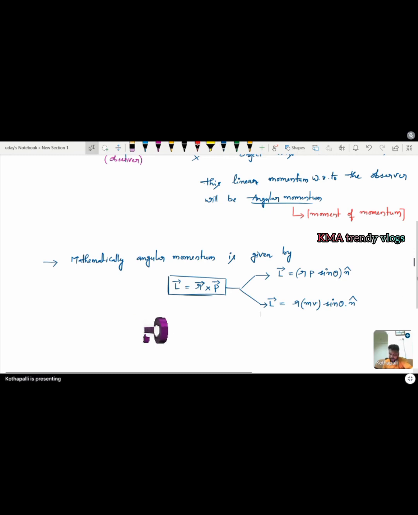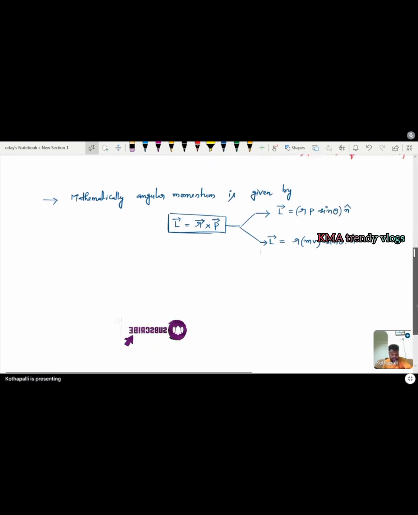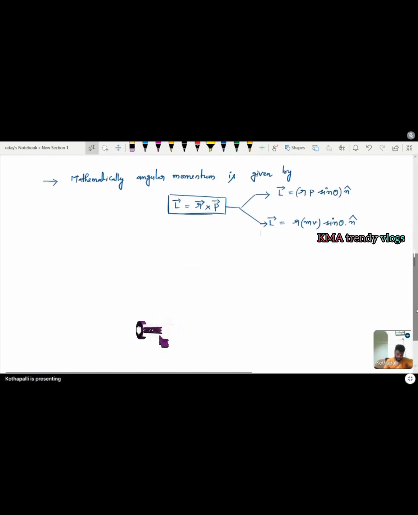Okay, now let us talk about these expressions in different ways. One by one I'll tell you. L vector is equal to R vector cross P vector, where we can write P vector as m into v vector, so L is equal to m into R vector cross v vector.